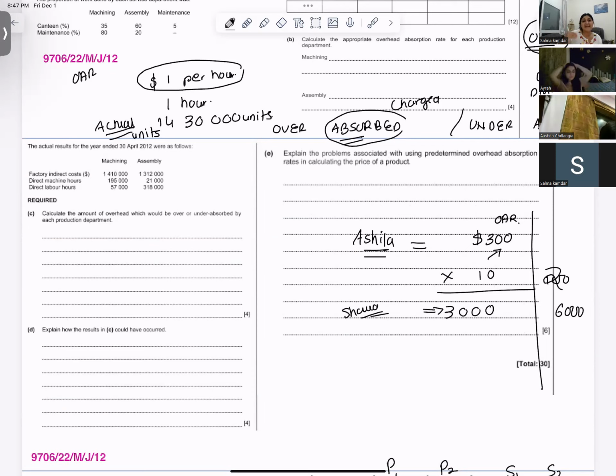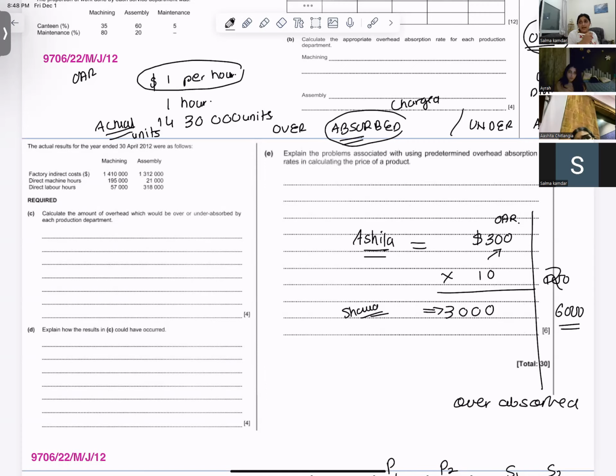But when the actual things happened, I recovered from her 6,000. So tell me, have I over recovered or under recovered? Over recovered. So when I over recover, I have over absorbed. Why did I over absorb?